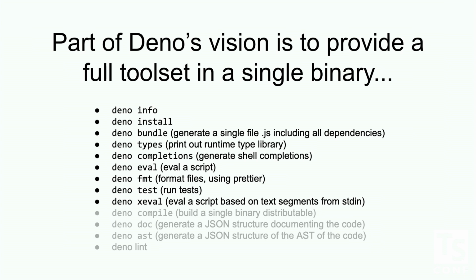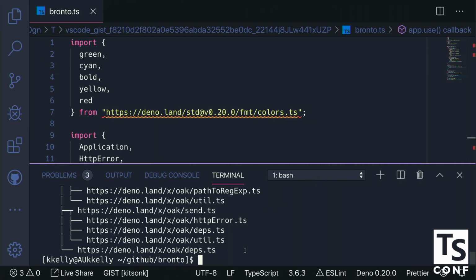So we've got deno info, we've got deno install. What was the good one with deno.land cat.js? Standard HTTP or standard examples catj.ts. Oops.